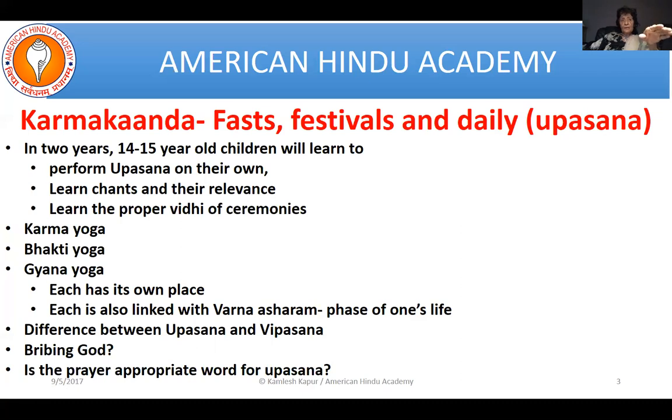Each has its own place. Eventually, all three are part of our journey of self-realization, and that is what we always focus on. Students must have the ultimate aim in front of them. And each of it is important in its own place. Each is also linked with the varnashram, like phases of one's life.